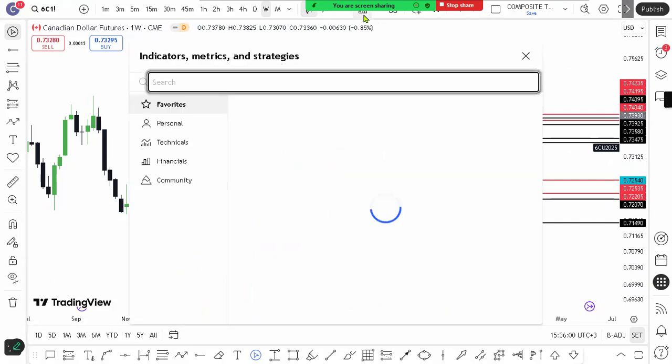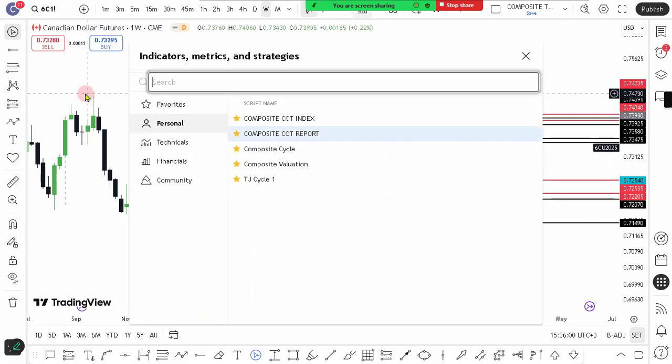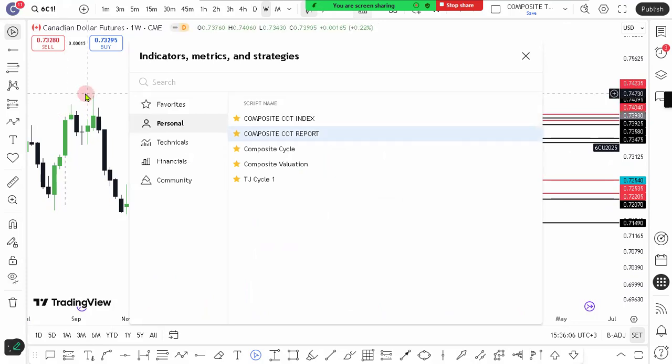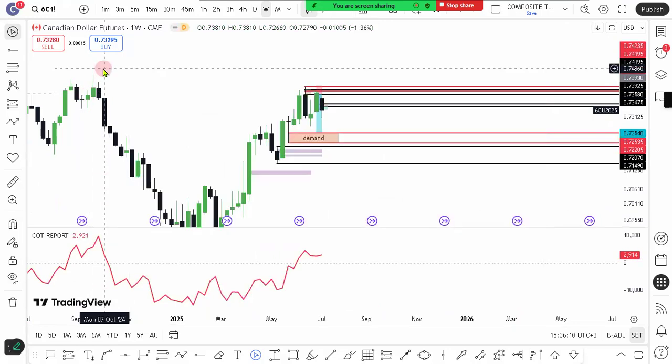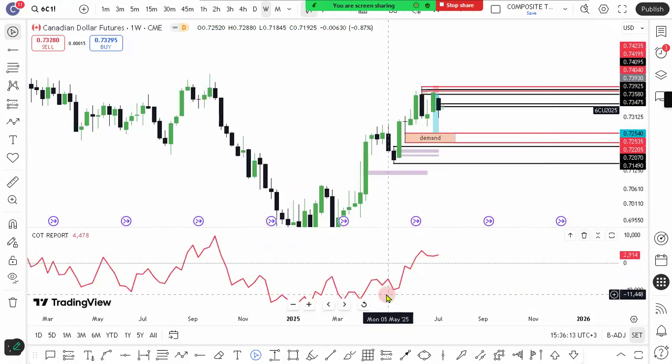So let me just go into this one, which is the fundamental aspect. I was looking at the behavior of retailers, what they were doing on the Canadian dollar. This shows what the retailers most of the time are doing, and most of the time the market will do the opposite of what they are doing.